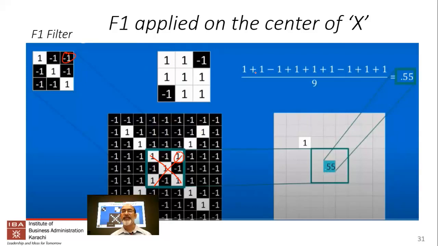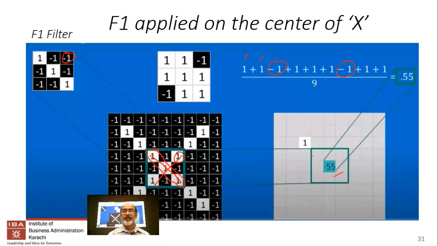Okay, and that's why you have 1 plus 1 minus 1, and then a few minus ones, and because of this, the output comes out to be smaller. Okay, so here it's saying that yes, there's a 55% chance, you can say, that there is a left-leaning line over here, but it's not pure. Okay, there's some other stuff going on there.